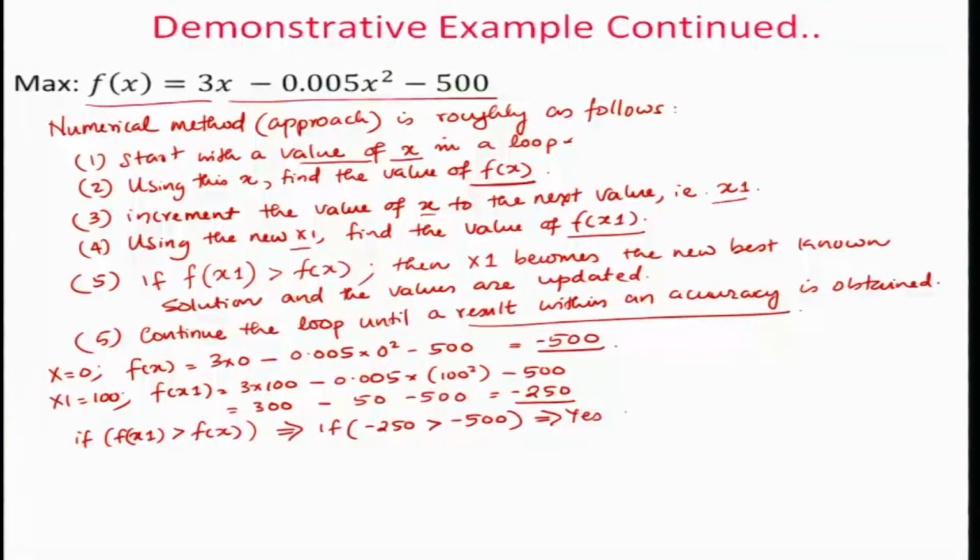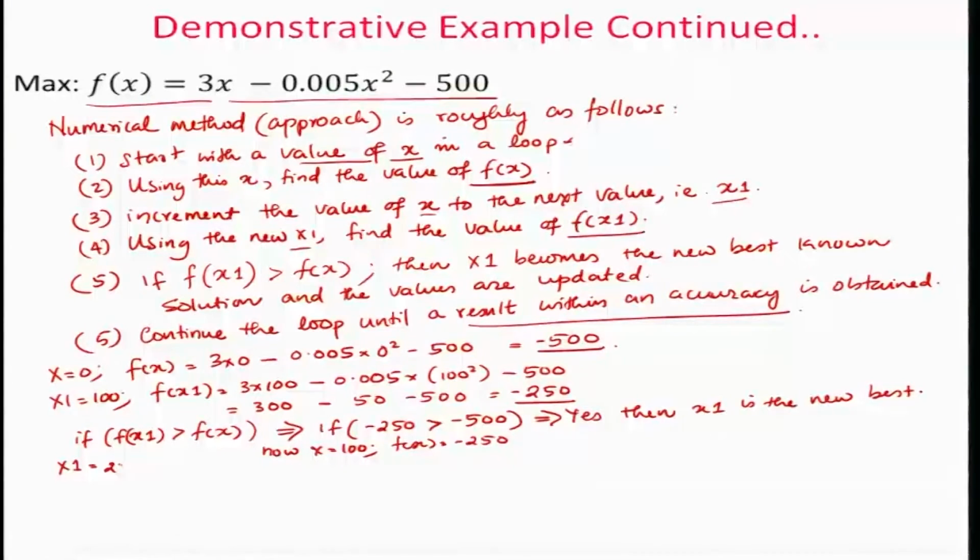Then x1 is the new best. Now, let us see what happened when we take the next x1. So, this is now x equal to 100, f of x is equal to minus 250.